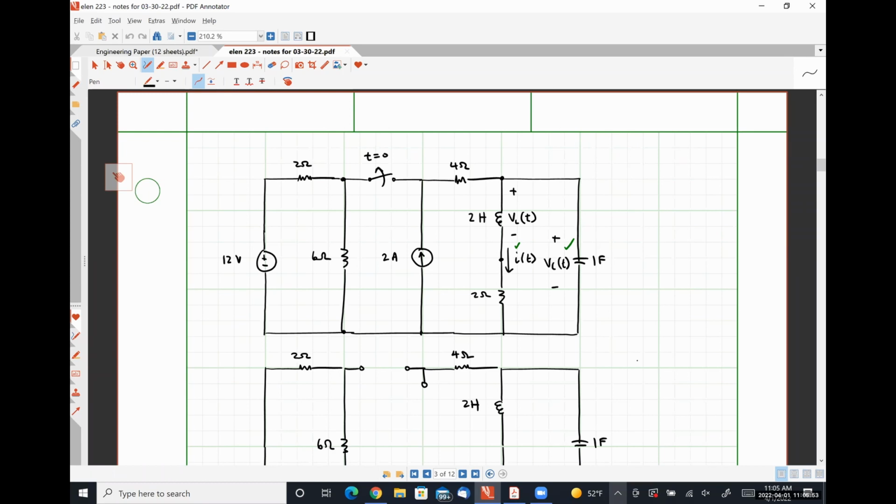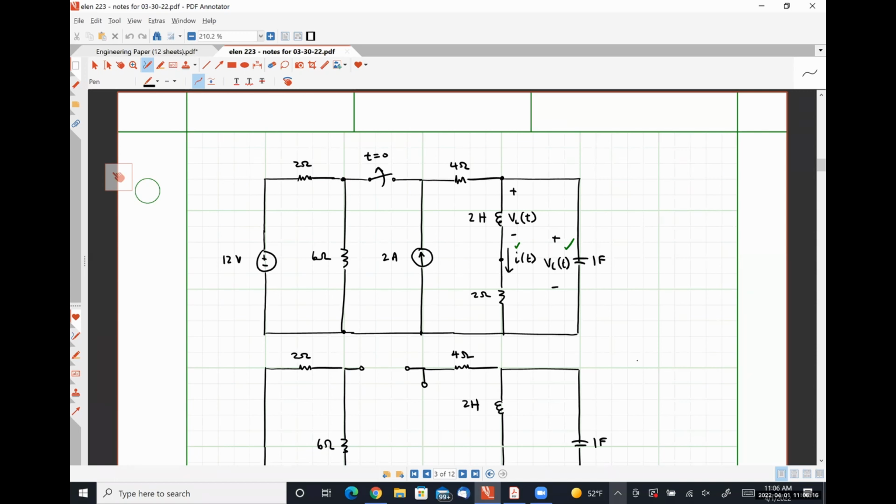We then analyzed the circuit at t equals 0 plus, where we determined the capacitor voltage, the capacitor current, the inductor voltage, and the inductor current. And then we analyzed the circuit at t equals infinity, where we only paid attention to the capacitor voltage and the inductor current, because those are our two quantities of interest.